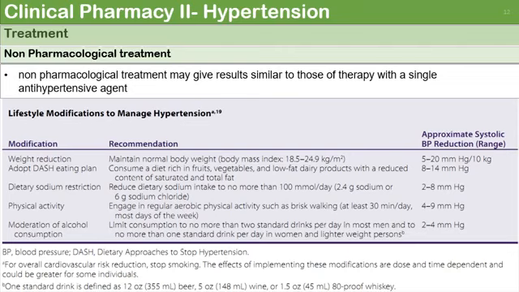All will reduce the blood pressure by a range from 2 to 20 millimeters of mercury, but the greater effects occur especially with weight reduction and dietary changes.